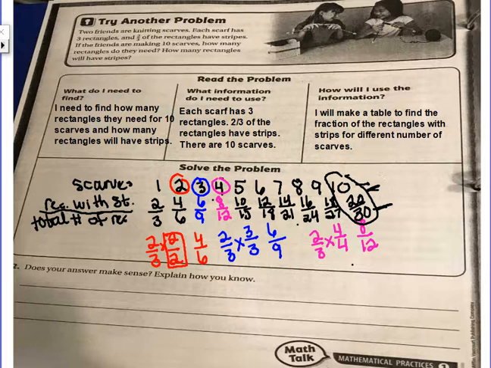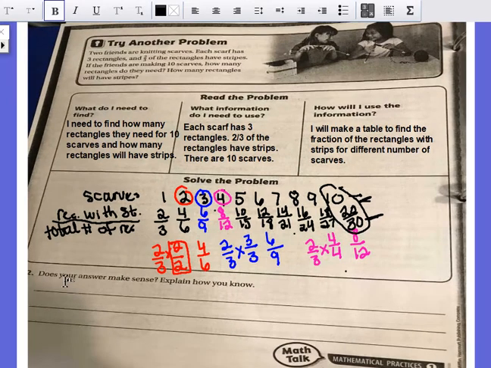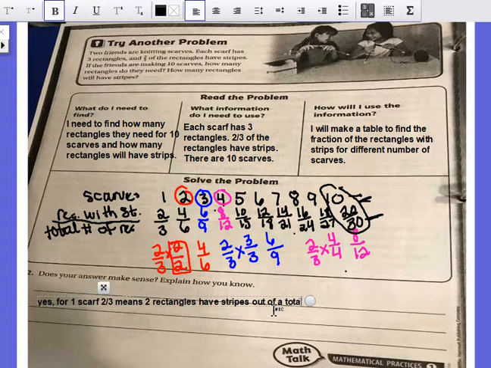So coming down here, does your answer make sense? Yes. For one scarf, 2 out of 3 means 2 rectangles have stripes out of a total of 3 rectangles.